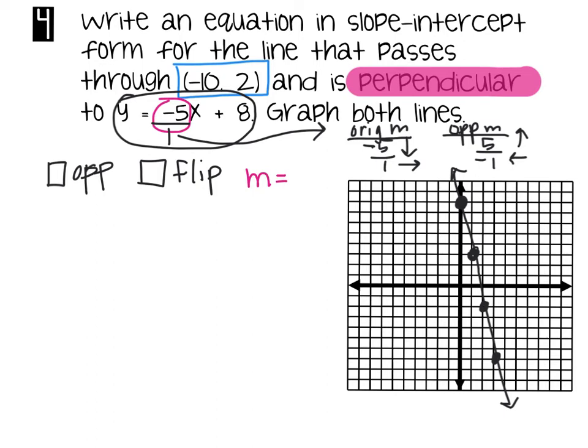And if they have the number 5 over the number 1, I'm going to have the number 1 over the number 5. My slope is the opposite sign. Theirs is negative and mine is positive. And my slope is the reciprocal or the flipped version of theirs. They have 5 over 1. I have 1 over 5.